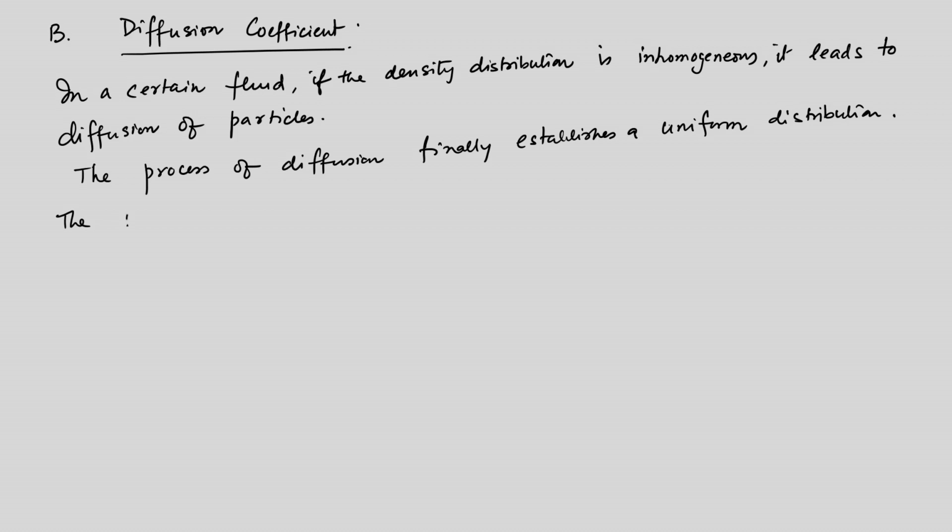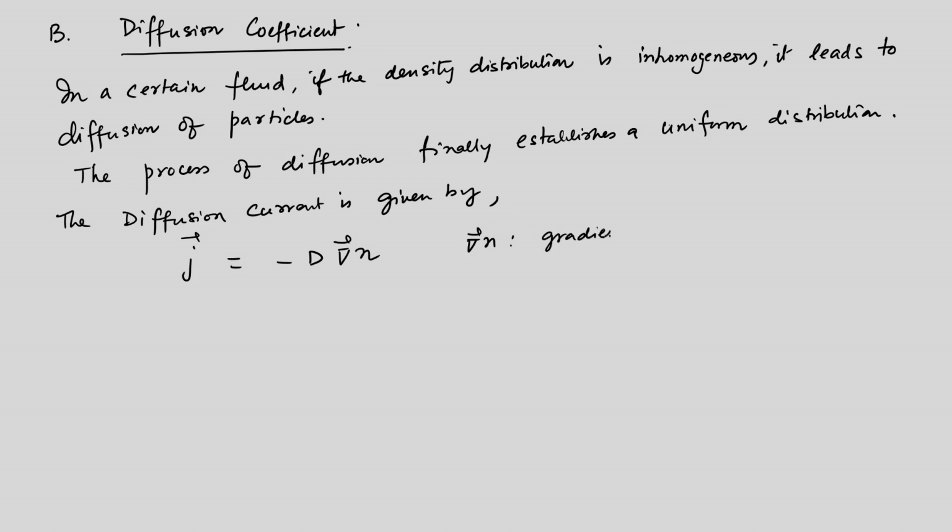So, the diffusion current is given by J equal to minus D gradient of n, where this gradient of n is the gradient of density, a function of r and t of concentration, and D is called the diffusion coefficient.